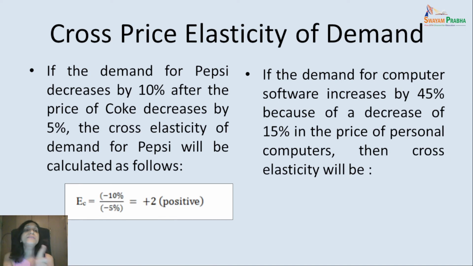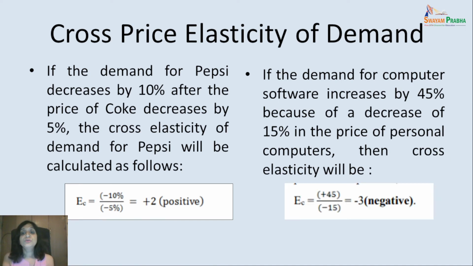Personal computers and software. So the cross elasticity would be the 45% increase in the demand of software divided by the 15% decline in price of computers. So 45 divided by minus 15. Why minus 15? Because price has declined. It has reduced. So your answer will be minus 3.